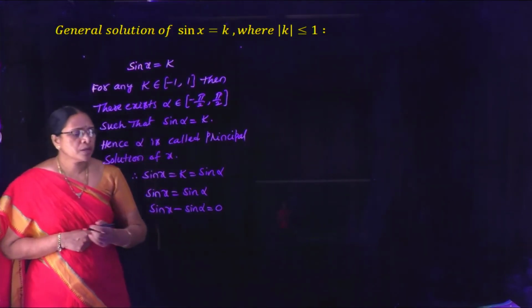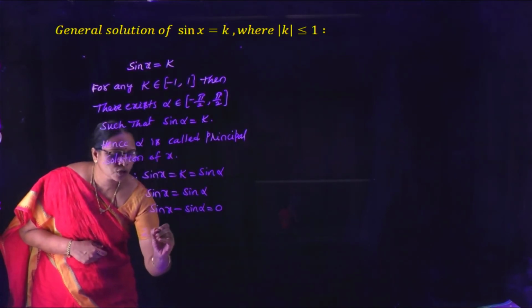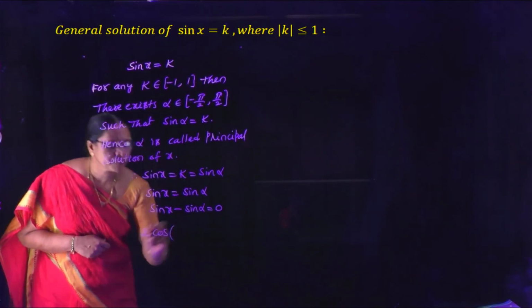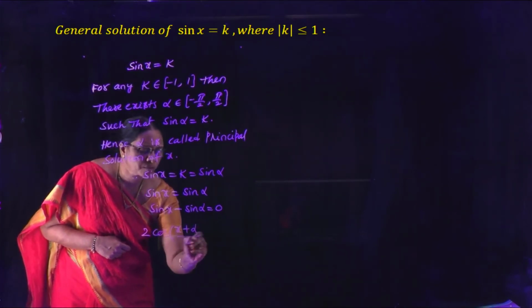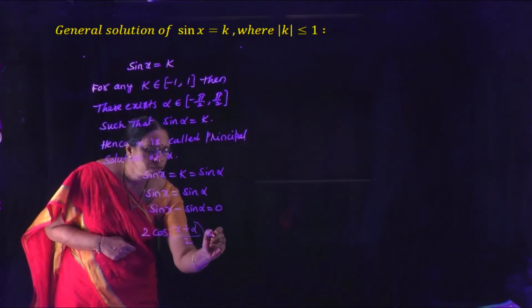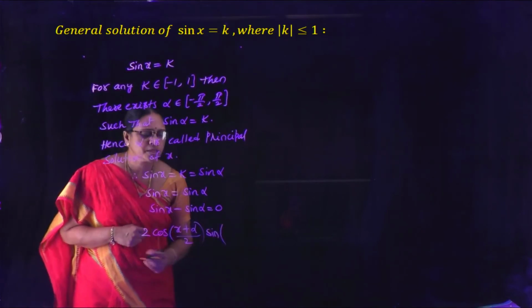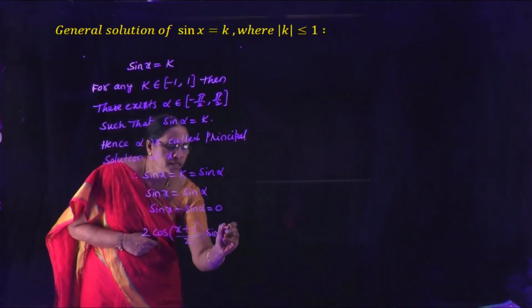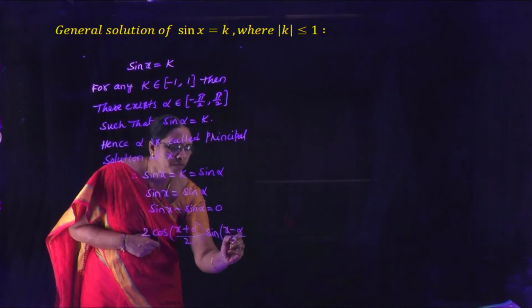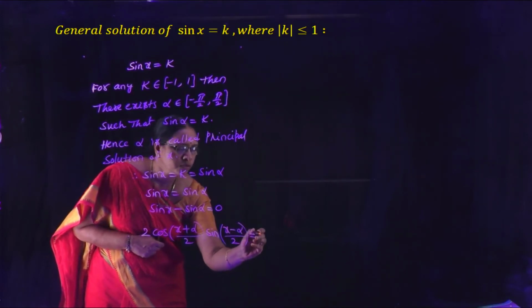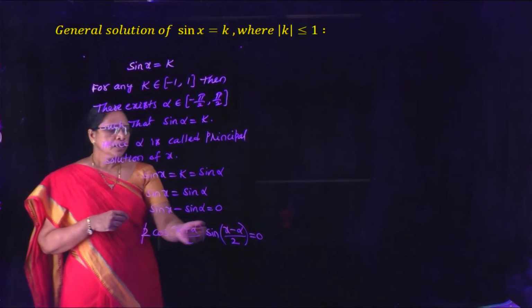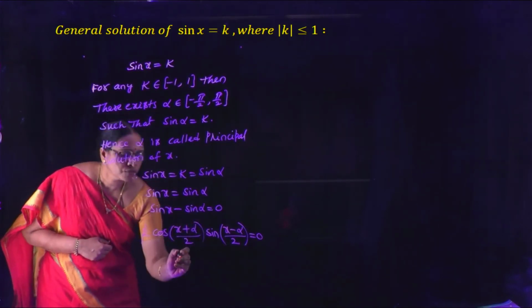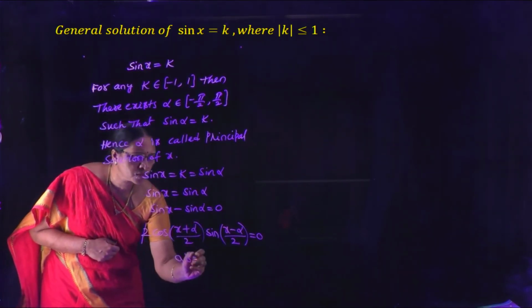Apply this formula, we get 2 cos x plus alpha by 2 into sin x minus alpha by 2 is equal to 0. 2 gets cancelled.